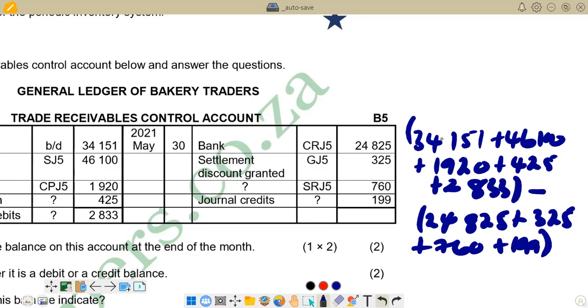If you add the total of the debit, these figures, you are supposed to get 85,429. Then you subtract the total of the credit. If you add these figures, you're supposed to get 26,109. So that's what we have there.